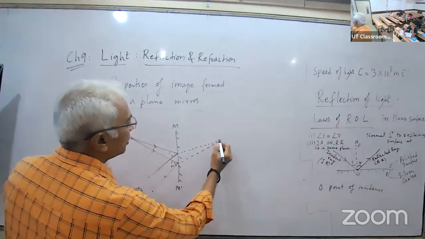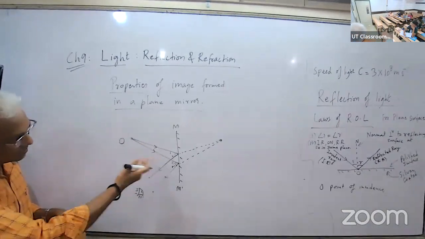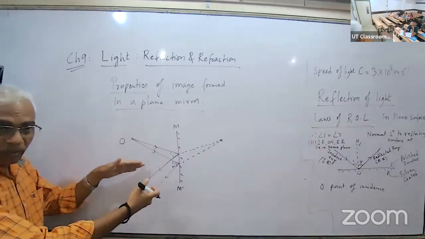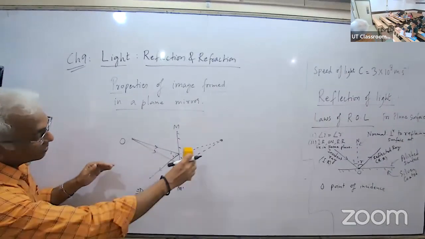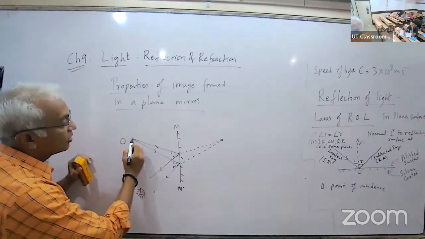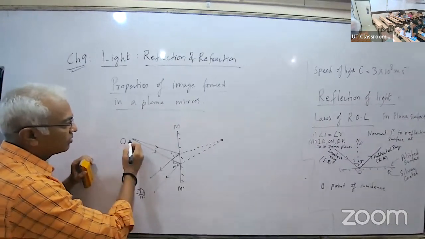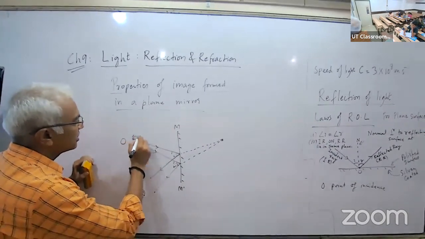Equal distance. These rays should be straight like this, so it's not drawn perfectly. It should be straight, right? So the clue is, the image should be obtained at an equal distance as the object is in front of the mirror. So let us say this distance is x.